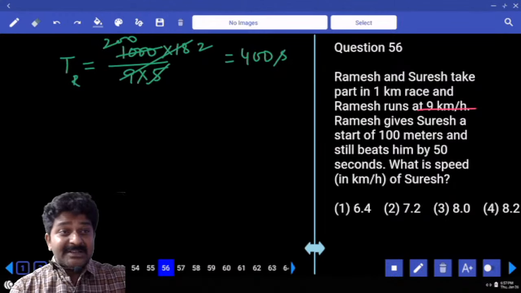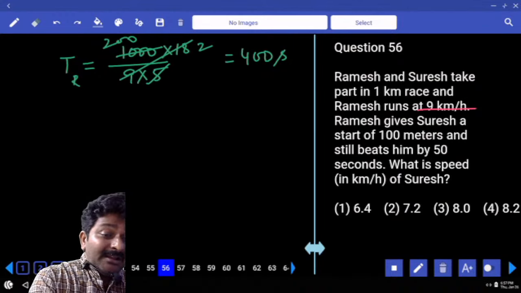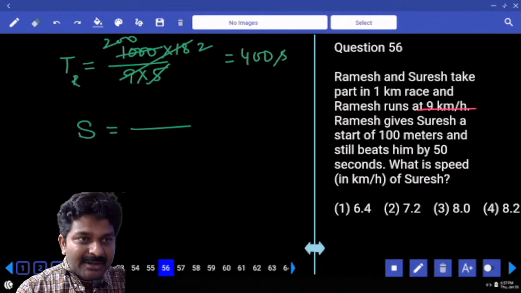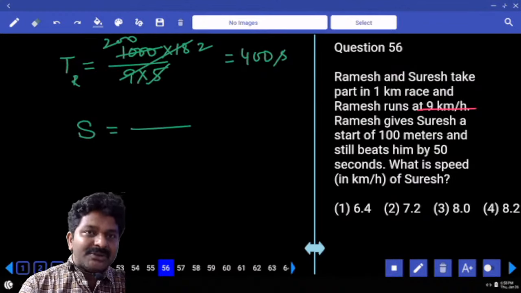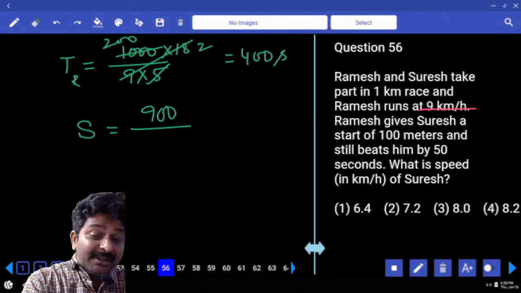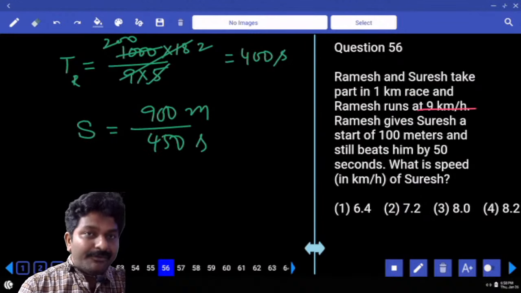Can you tell me what is the time taken by Suresh then? 450. And when we were asked to calculate the speed of Suresh, it is distance by time only. What is the distance covered by Suresh? 900. And what is the time taken? 450. 900 meters, 450 seconds.